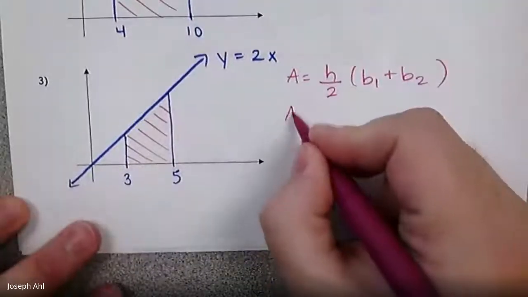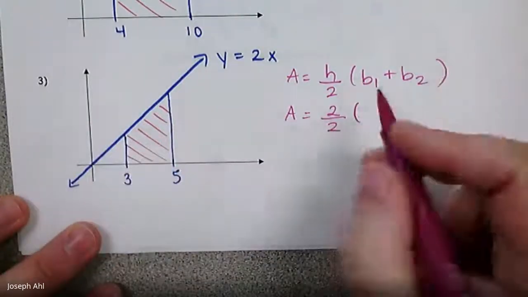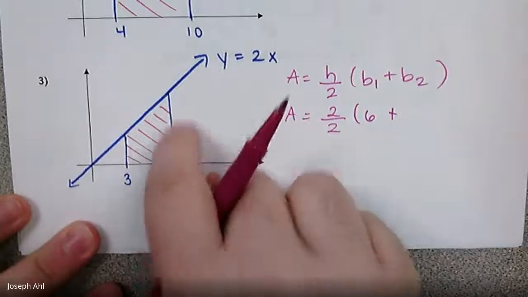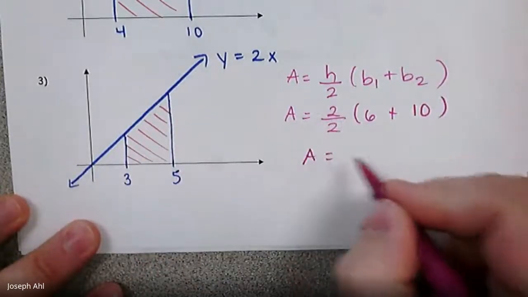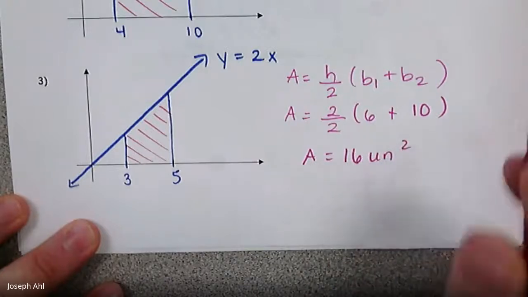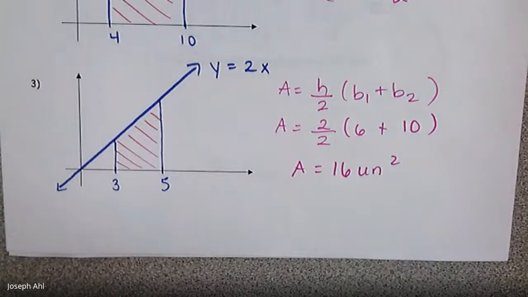So the height is 2. Base 1 would be 3 times 2, which is 6. Base 2 would be 5 times 2, which is 10. And since 2 over 2 is 1, the area here is 16 square units. So none of these examples required calculus quite yet.